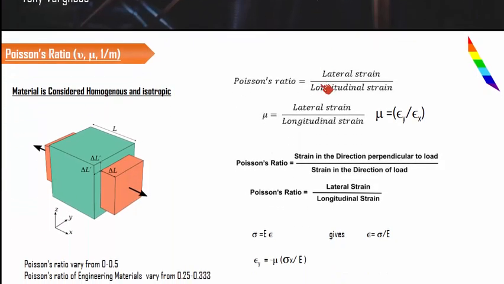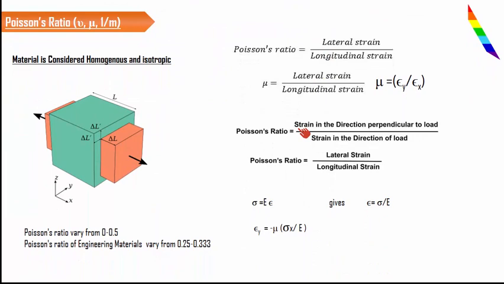To relate it mathematically, we have to understand what Poisson's ratio is. Poisson's ratio is denoted using these variables, which are the conventionally used way of notating it. The material is considered homogeneous and isotropic.